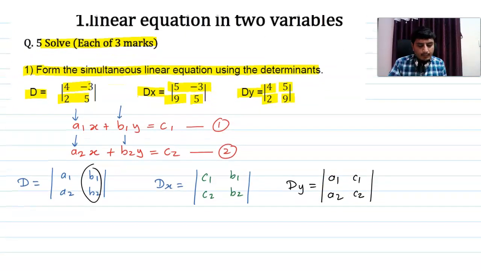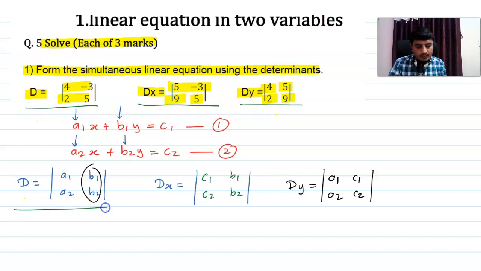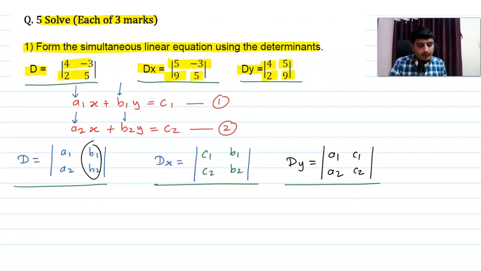Now we compare the given determinants D, Dx and Dy with D, Dx and Dy by Cramer's rule to get the values of a1, b1, c1, a2, b2, c2.